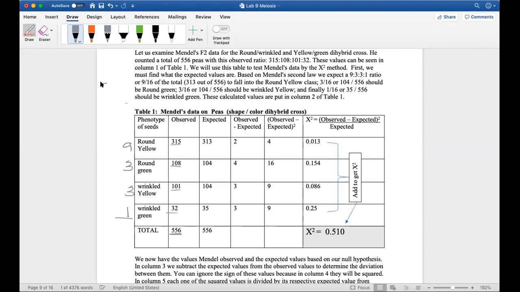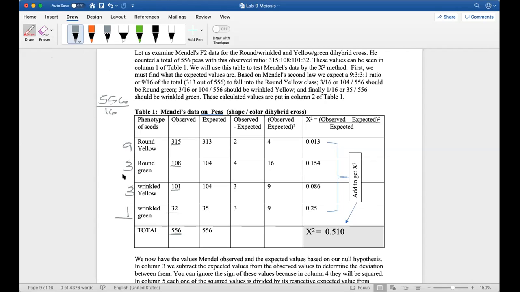So let's do 556 divided by 16, right? Let me show you an alternate way that might be easier for you guys. 556 divided by 16, right?